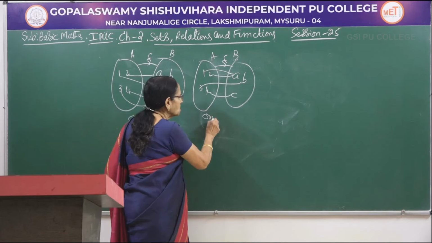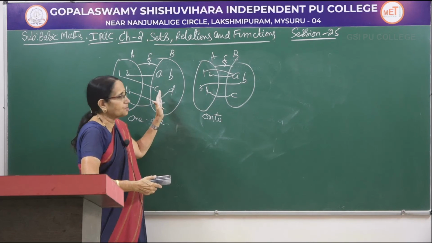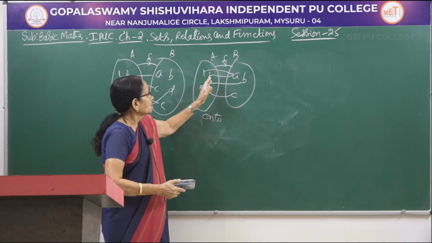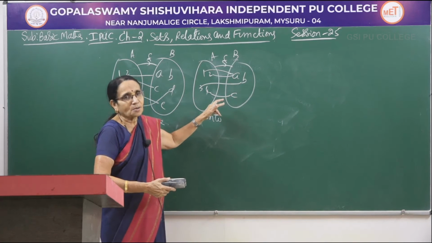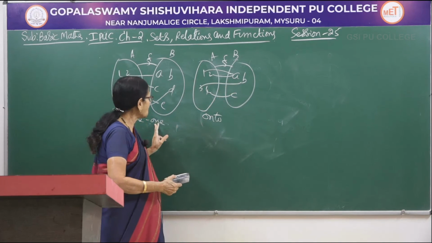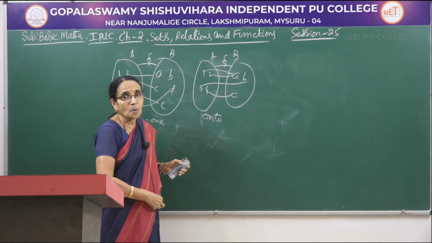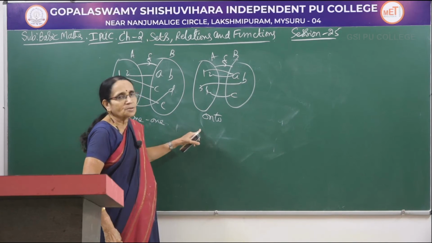So what do you call this one? Onto. 1, 1 means 4 elements, 4 images. Onto means here 4 elements are there, but totally 3 images are there because both of them have a common image A here. So this is 1, 1, this is onto. Now I am combining both of them. This is injective, this is surjective.